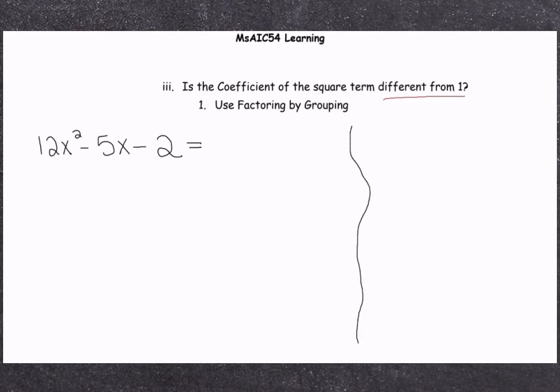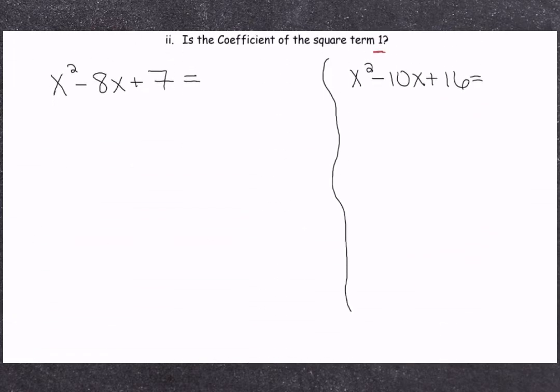Versus if I had a problem like this, this is a polynomial with three terms, but the number in the front is something other than 1. So the technique would be different. So let's focus on the first one. When your first term has a coefficient of 1, let's talk about what we do in that situation.